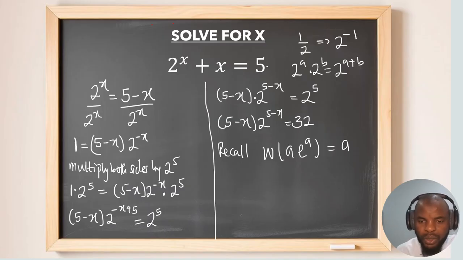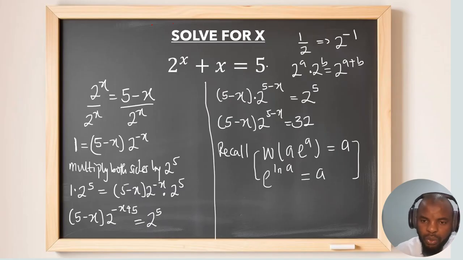A. So this is the Olympiad function. And also recall that when you have exponential in natural log of a value, the exponent and the natural log are going to cancel out and you still have a. So these two equations are needed.